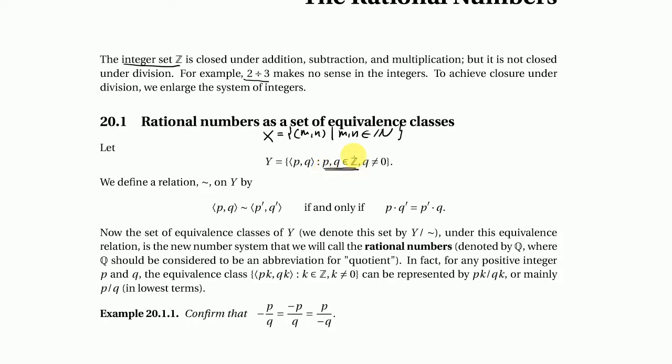Okay? So it includes positive, negative integers, including 0. So one possible case is 0, 0, right? But we don't want to accept that case. So the q cannot be 0. Not only 0 over 0, we don't accept 2, 0 or negative 3, 0. All those things, right? So the second coordinate of this new system is not allowed to be 0.